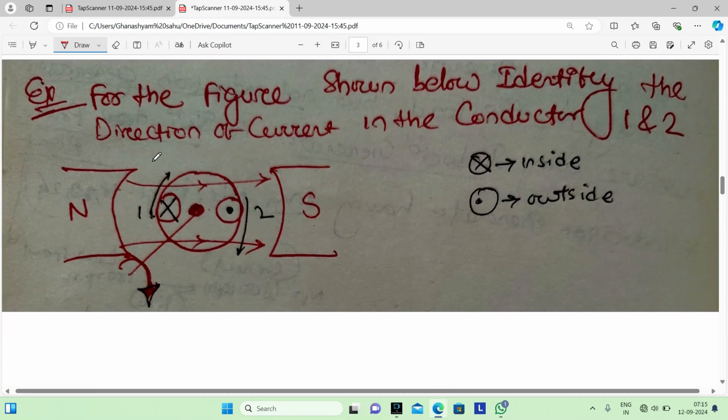And now we are going to solve one very easy question. For the figure shown below, identify the direction of the current in conductors 1 and 2.